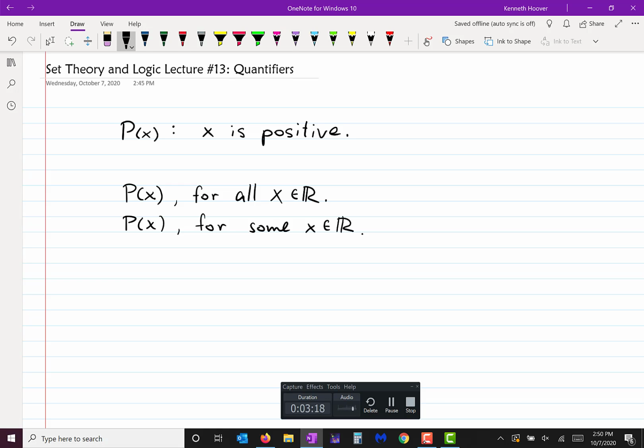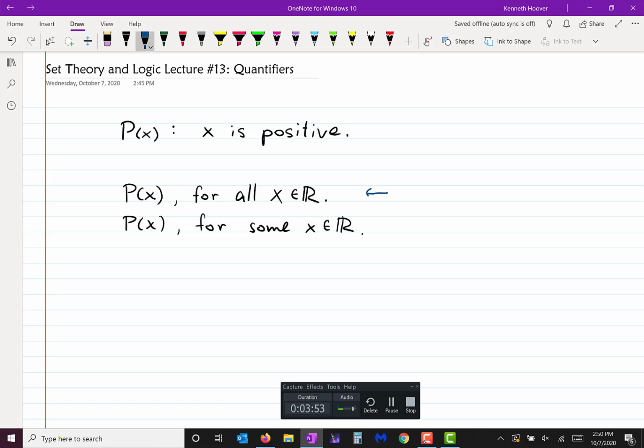So you see, by taking an open sentence and saying the open sentence is true for all of something, or for at least one of something, that's two ways to build a statement out of an open sentence without plugging in a specific value into X. Okay? That's called quantifying the sentence.